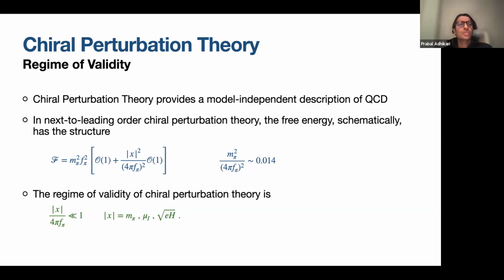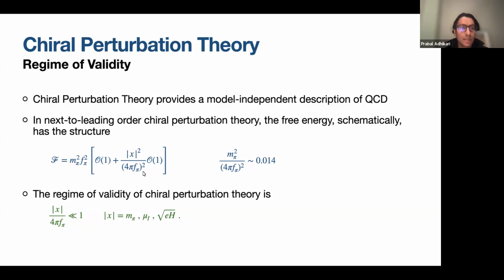So the structure of the free energy in Chiral perturbation theory at finite isospin looks roughly as shown there. There is an m pi squared f pi squared, which ensures the correct dimensionality. And there's an order 1 contribution, that's the tree level contribution. And then the next leading order contribution has a structure of that form.